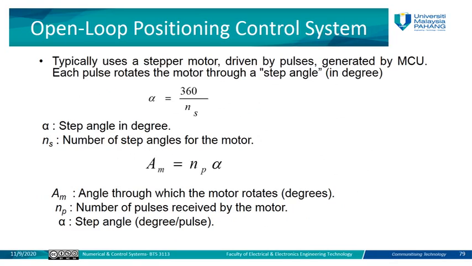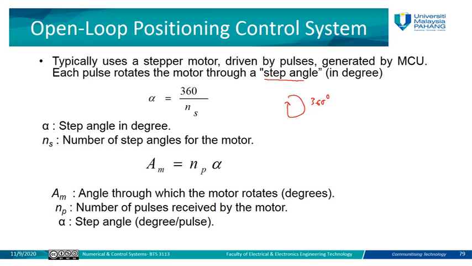There are some calculations related to the open loop positioning system, or especially to the stepper motor. So usually the stepper motor will rotate, for example, one cycle of rotation is 360 degrees. So the 360 degrees will be divided into steps, because it's a stepper, so it moves in steps. Each step has an angle, so we call it the step angle.